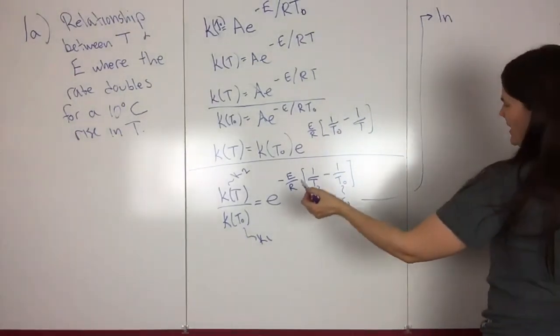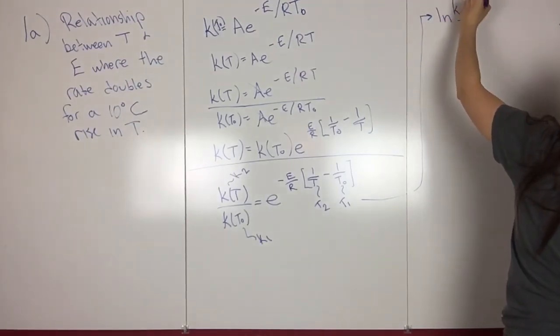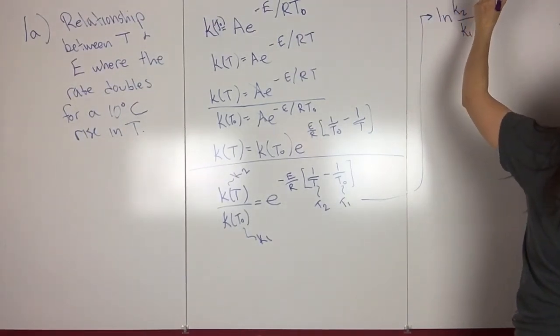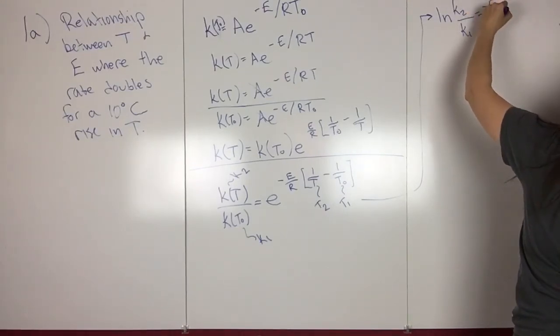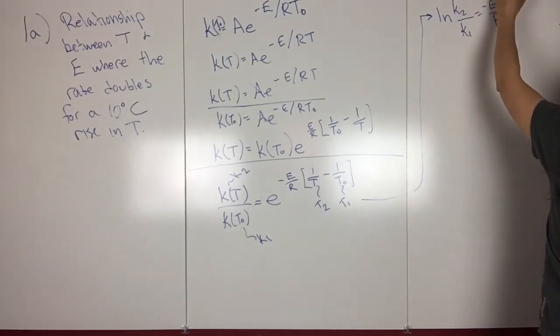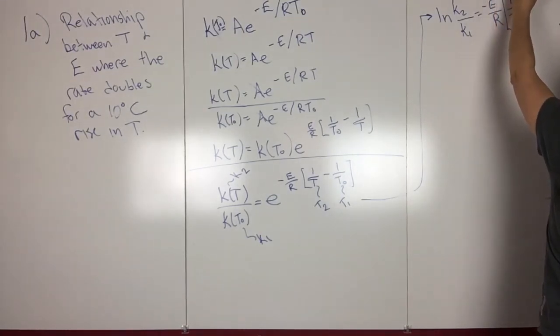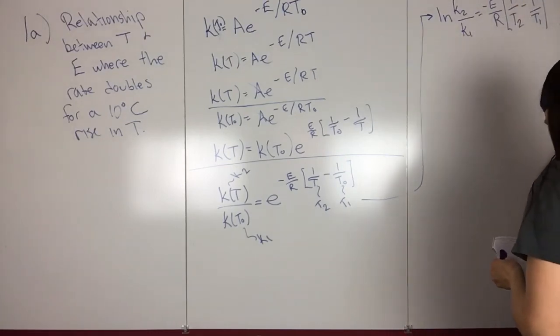So then I have the natural log of k2 over k1 equals minus E over R times 1 over T2 minus 1 over T1.